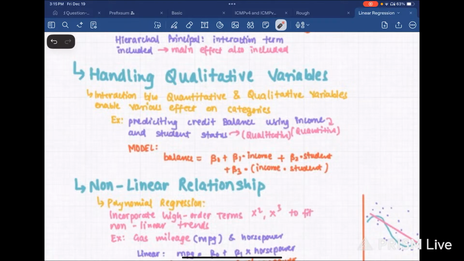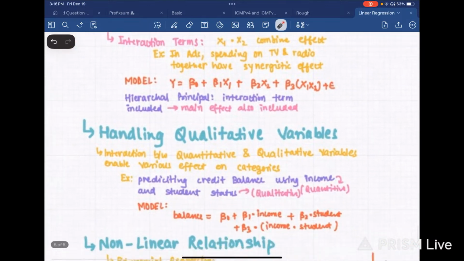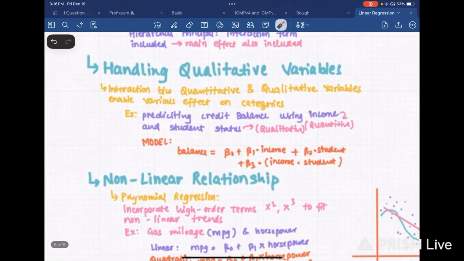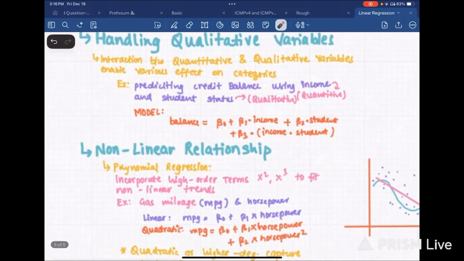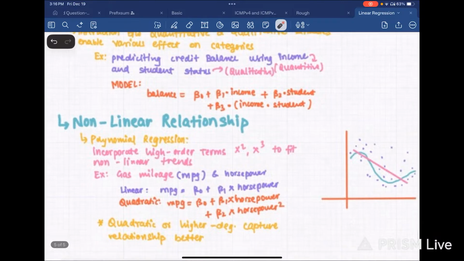Qualitative variables are also included in this discussion of the additive assumption we talked about. So we can see that the balance is beta naught plus beta 1 times income plus beta 2 times student plus beta 3 times income times student. So this is the part.